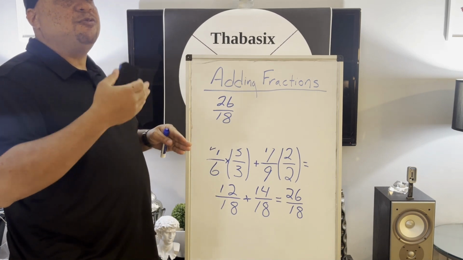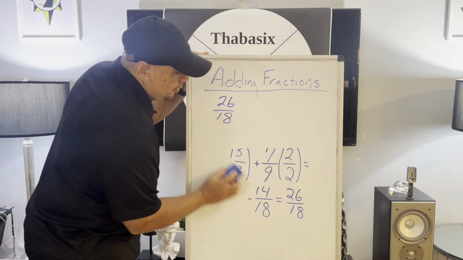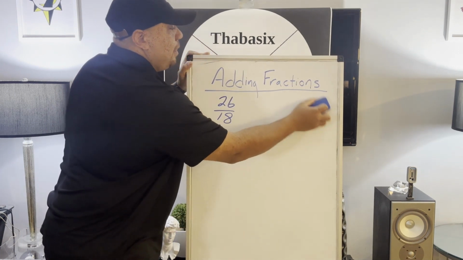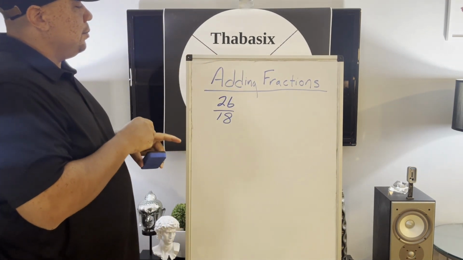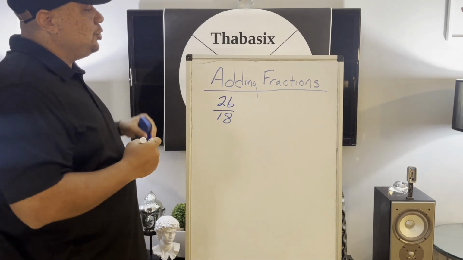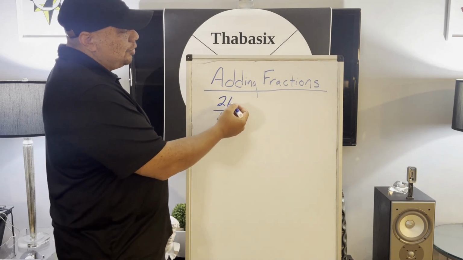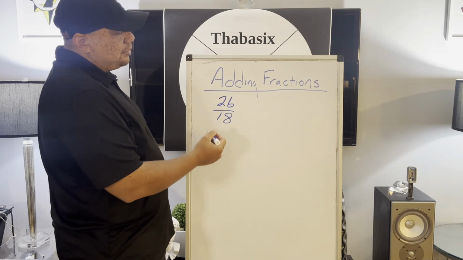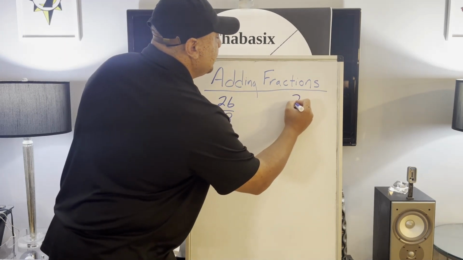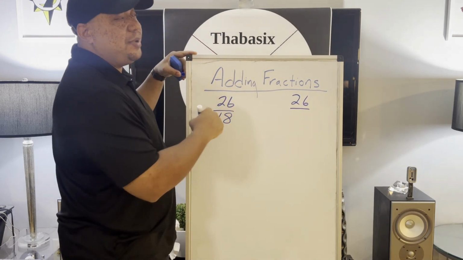Mixed number is preferred over the improper fraction. So in order to turn an improper fraction into a mixed number, you would take 18 away from 26, because that's 18 over 18 equals 1.